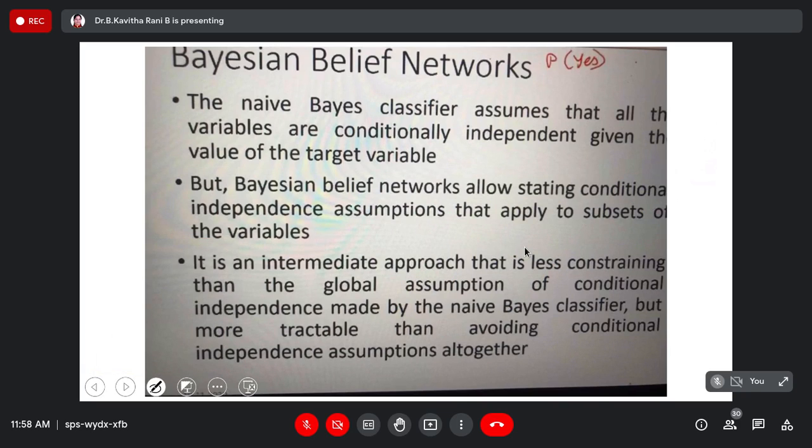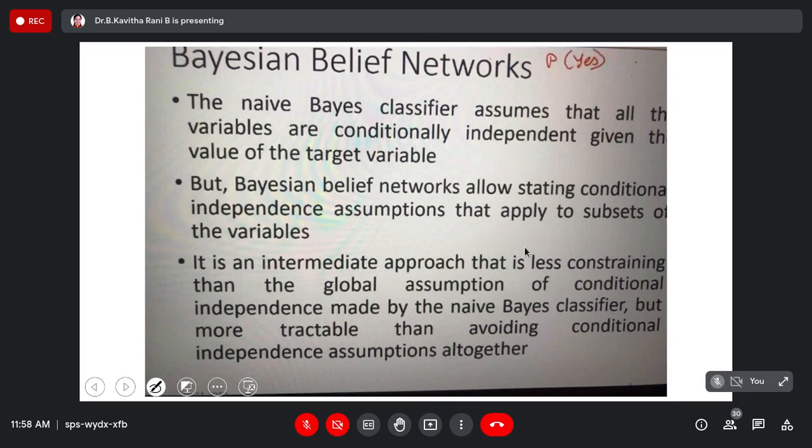So the difference between the Naive Bayes classifier and Bayesian belief network is that in Naive Bayes, each and every attribute is conditionally independent. But in case of Bayesian belief networks, a subset of attributes are independent of itself and a subset of variables are dependent on itself. Some this way, some that way.